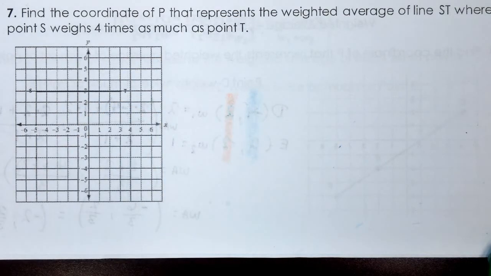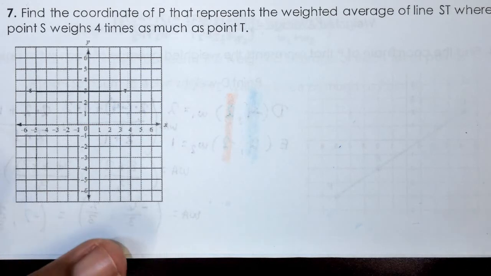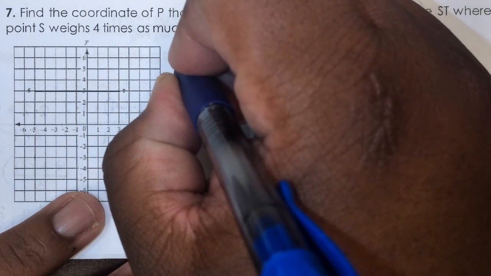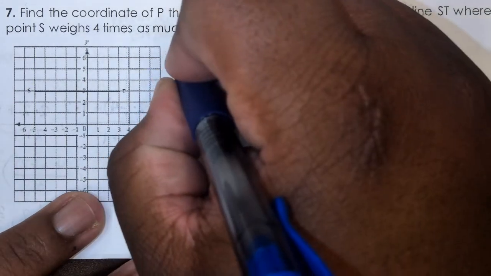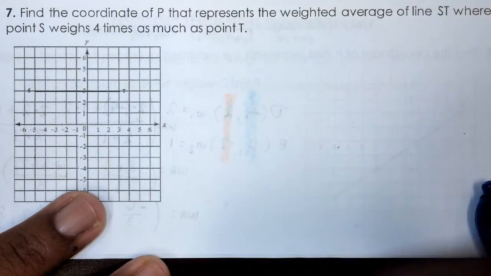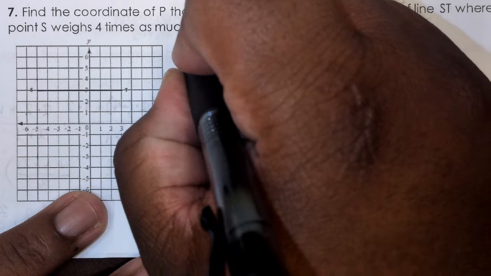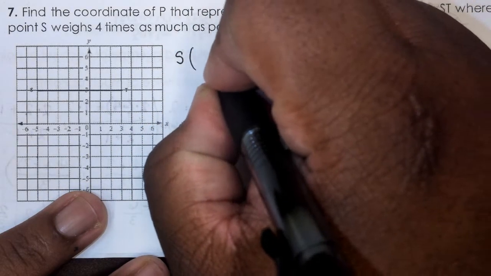Even though they want me to do a weighted average on this one, I really don't have to do the y values because they're not going to change. I'm even going to calculate it out and show you. I could stick to doing only the x, but I'm going to do both. My first point, S, is at -5, 3.